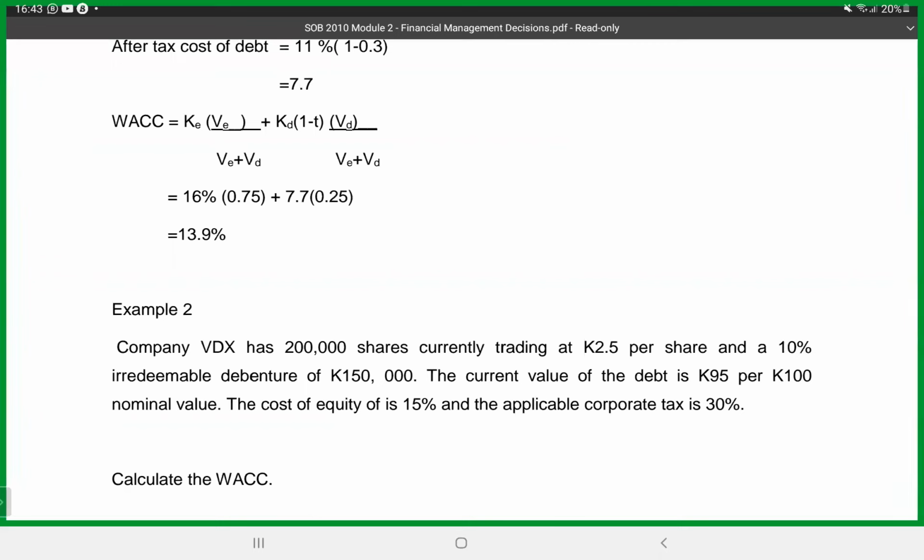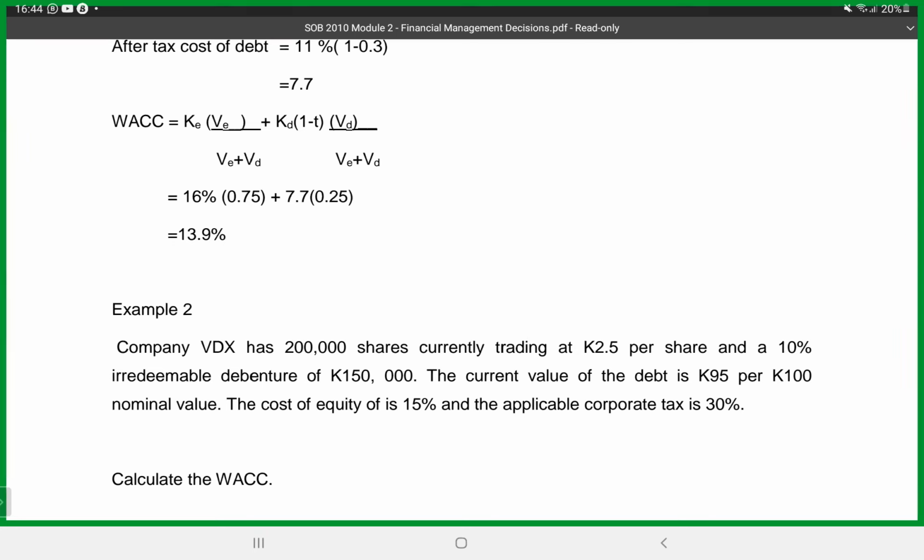The current value of the debt is 95 out of 100 of the nominal value. The cost of equity is 15% and the tax is 30%. So what is the WACC, the weighted average cost of capital?